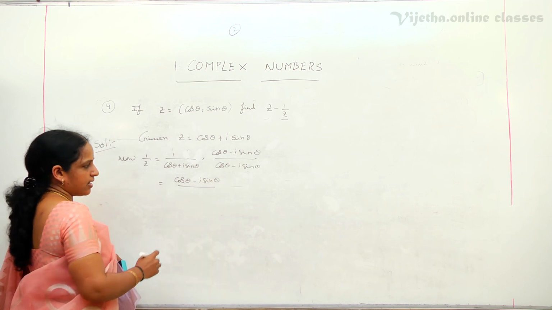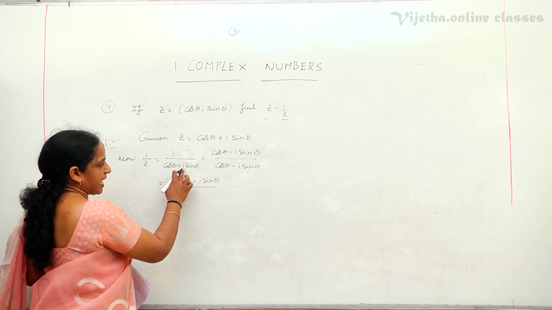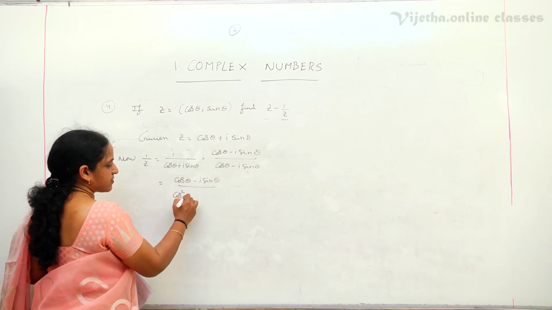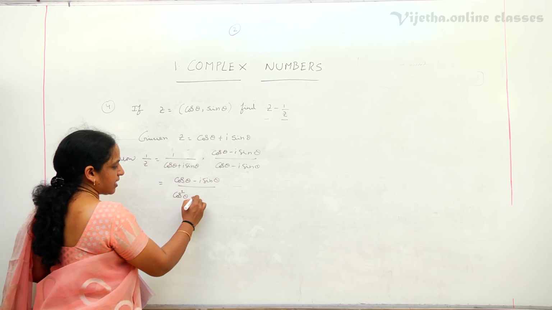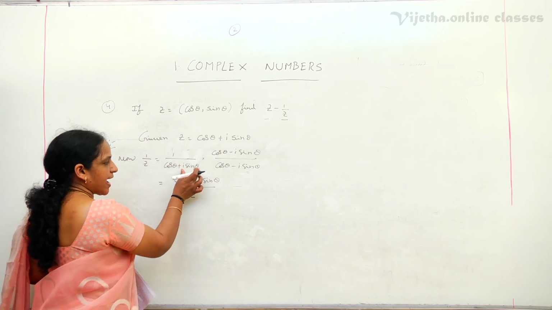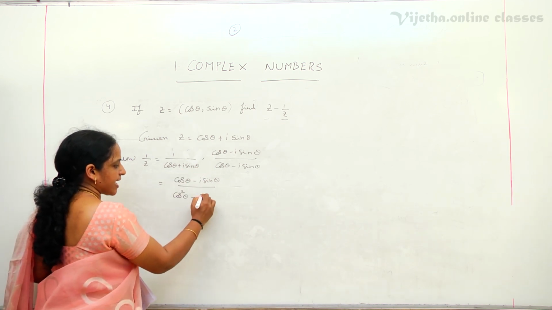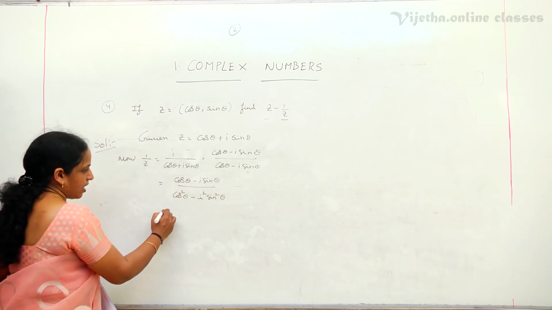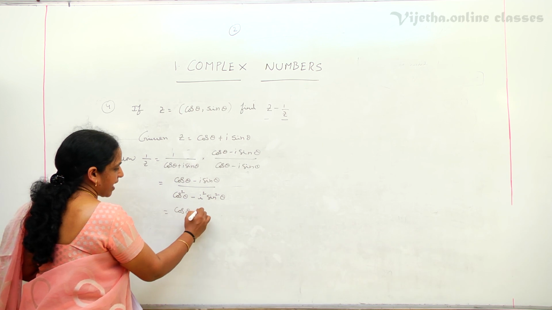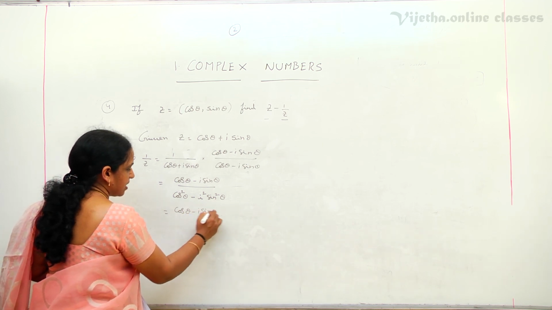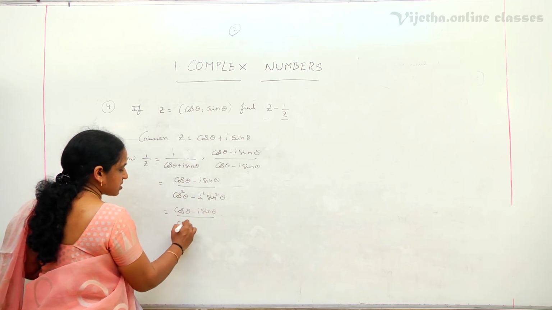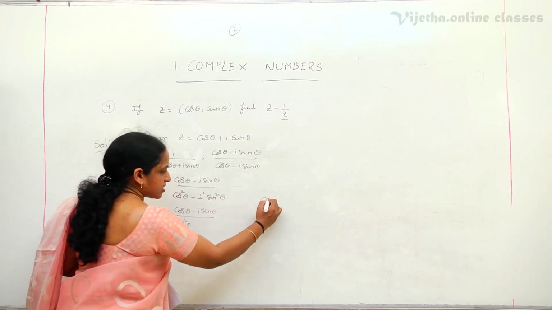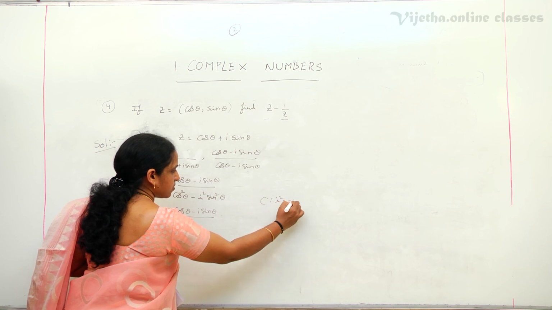Again the denominator is in the form of a plus b into a minus b, that is a square, cos square theta, minus b square, i sin theta whole square, that is i square into sin square theta. Here i square is there, and we know that i square equals minus 1.